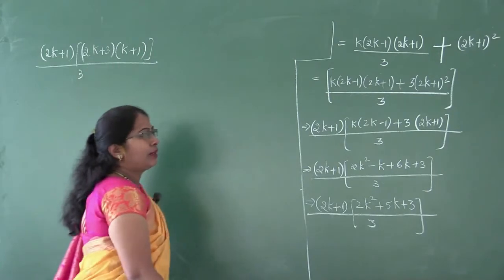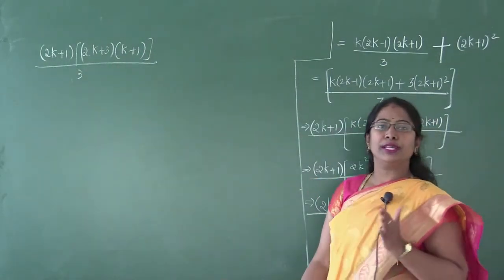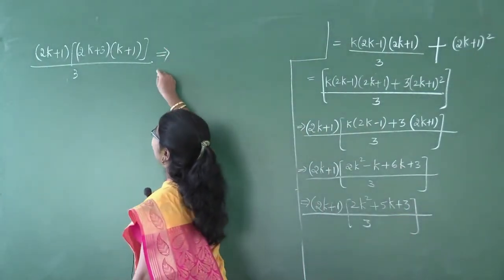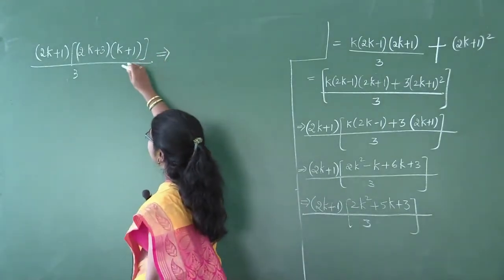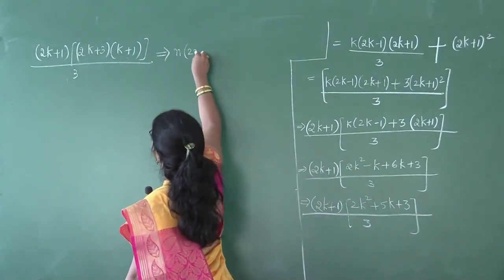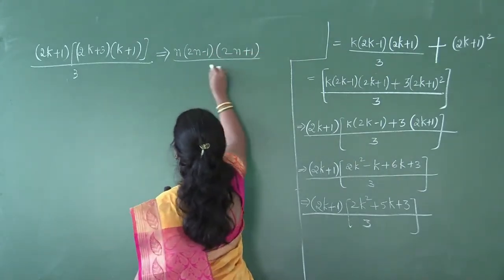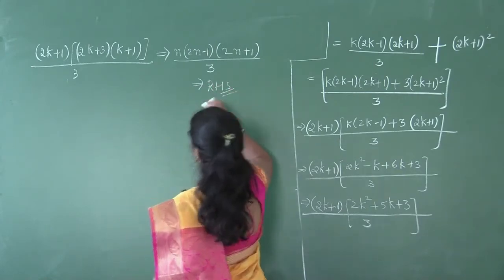Now what are we supposed to prove in the RHS? We are supposed to prove it is n into 2n minus 1 into 2n plus 1, complete thing divided by 3. What is n equal to? k plus 1. So I can say this term is equal to n into 2n minus 1 into 2n plus 1, whole thing divided by 3, which is equal to RHS.